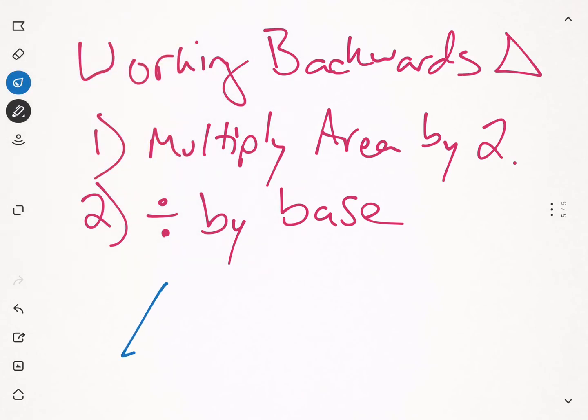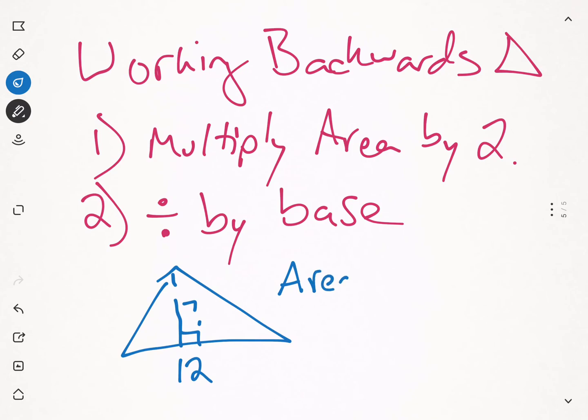Okay. We have a triangle. Let's say that this is 12. We don't know the height, but we know that the area is, let's say 72.